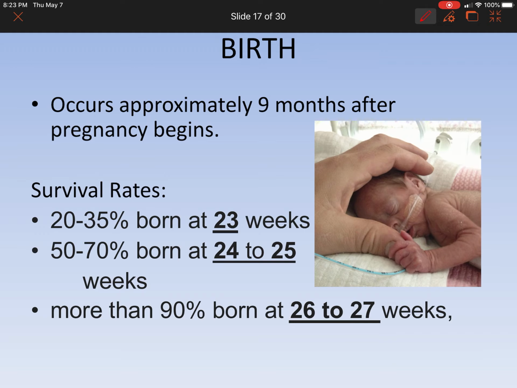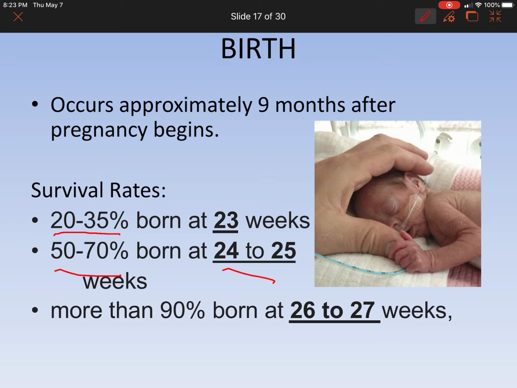Okay, birth. Birth occurs approximately 9 months after pregnancy begins. So this is an image here of a premature baby, and some of you were probably premature. It's not particularly uncommon. Survival rates, though, are always getting better all the time. So babies born at 23 weeks, the survival rate's 20 to 35%. 24 to 25 weeks, it goes up significantly.